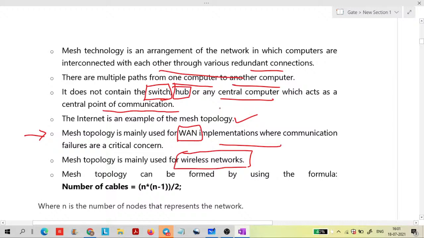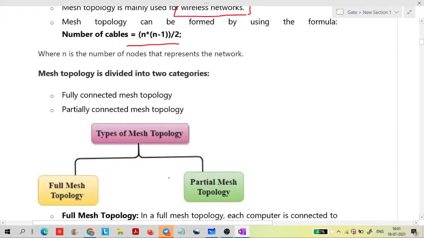Mesh topology can be formed using a number of cables given by the formula n into n minus 1 by 2, where n is the number of nodes or computers in the network.